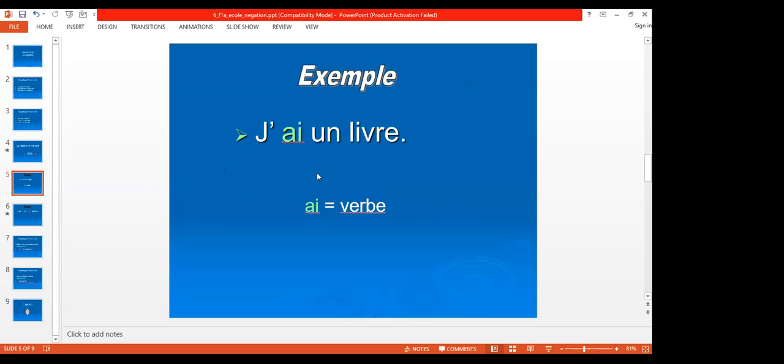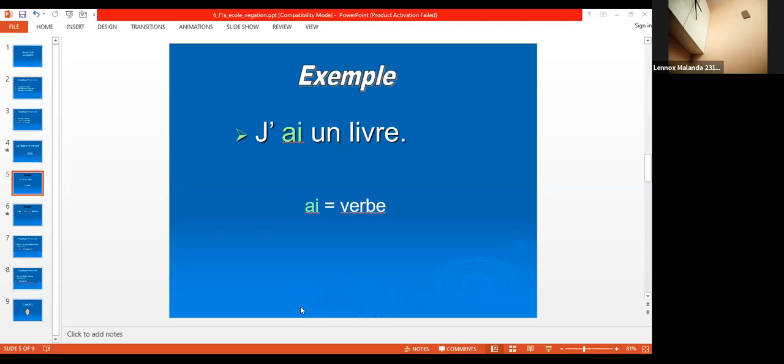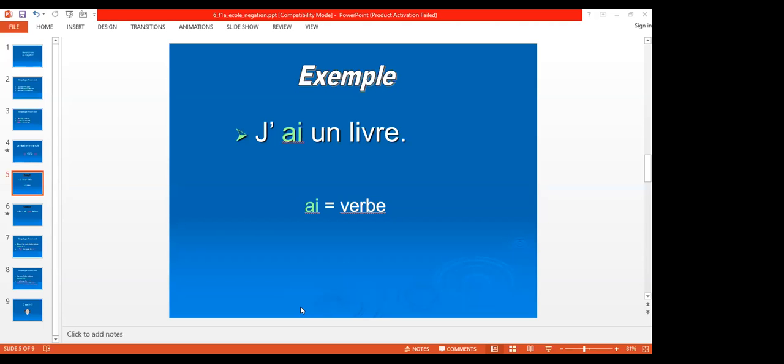J'ai un livre basically means I have a book. In this case, the verb is avoir, conjugated in the present tense. Avoir au présent has been conjugated to j'ai. You remember we cannot say je because je has a vowel, and avoir also begins with a vowel. So one of them has to die, and then we put an apostrophe. That's where j'ai comes from.